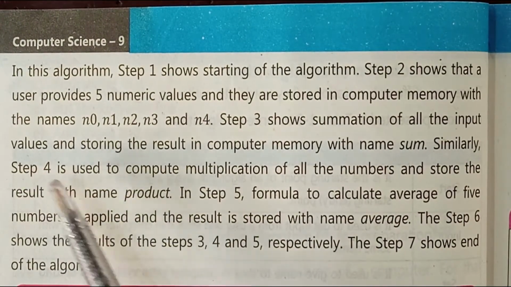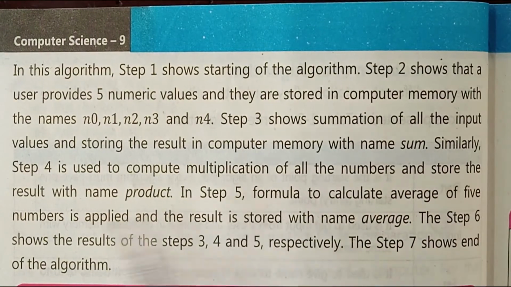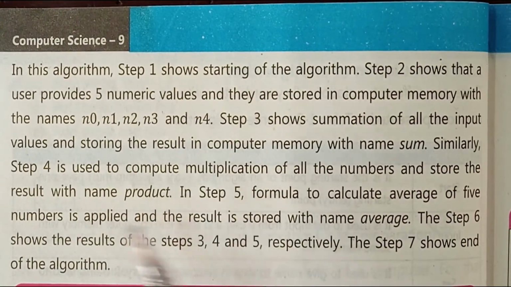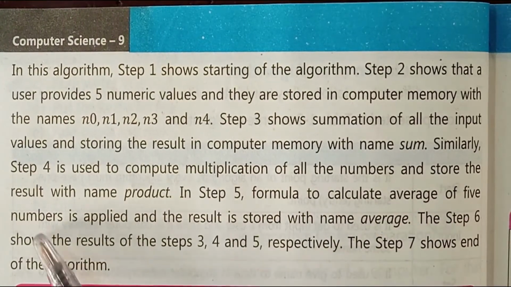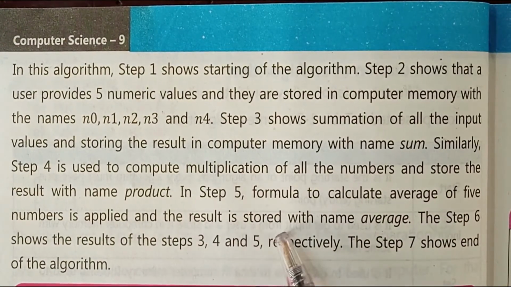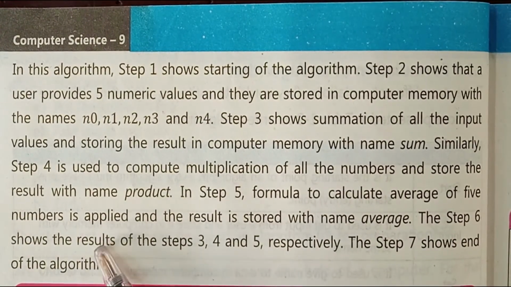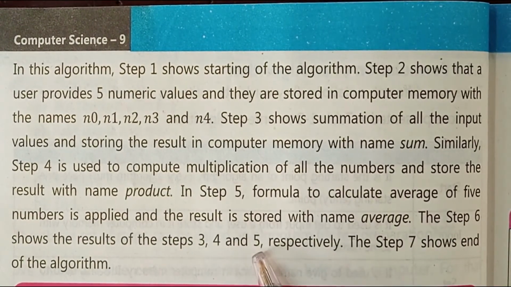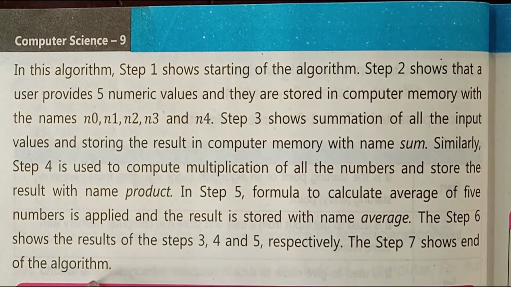Similarly, step 4 is used to compute multiplication of all the numbers and store the result with name product. In step 5, formula to calculate average of 5 numbers is applied and the result is stored with name average. The step 6 shows the results of the steps 3, 4 and 5 respectively. The step 7 shows end of the algorithm.